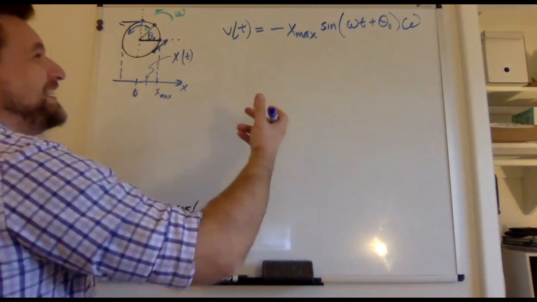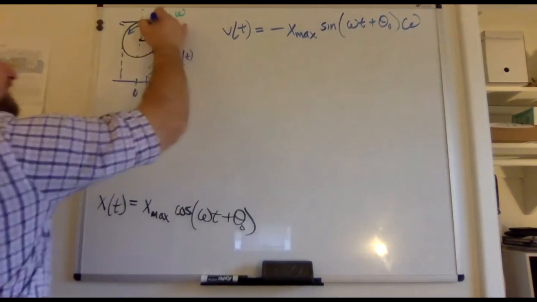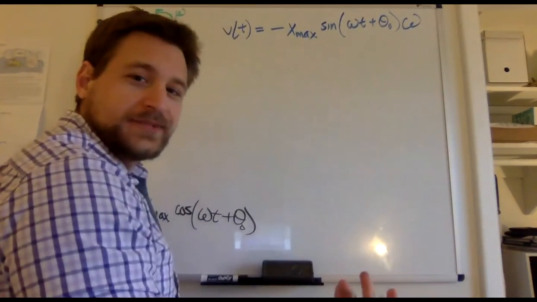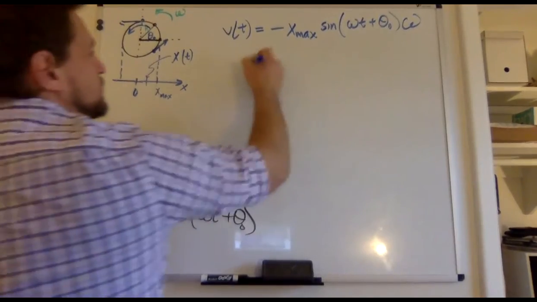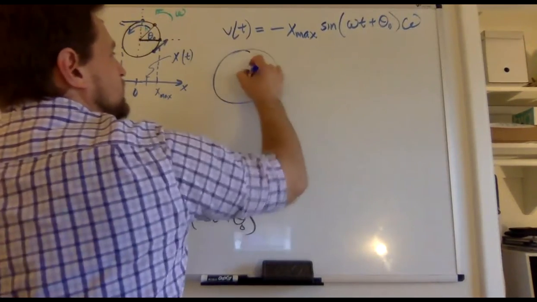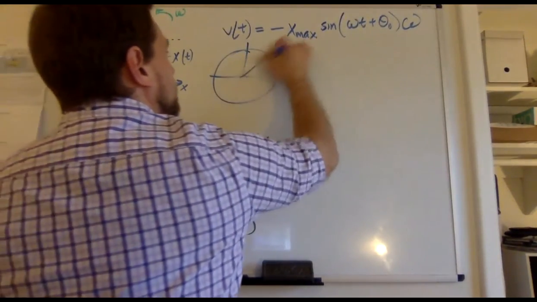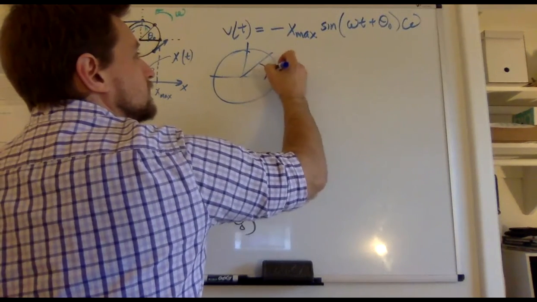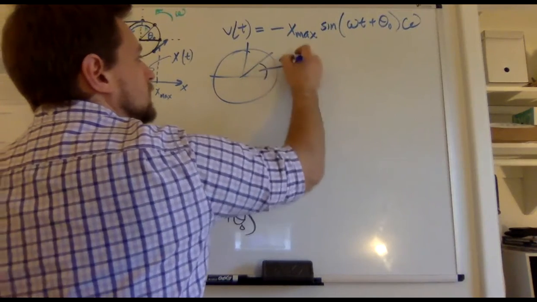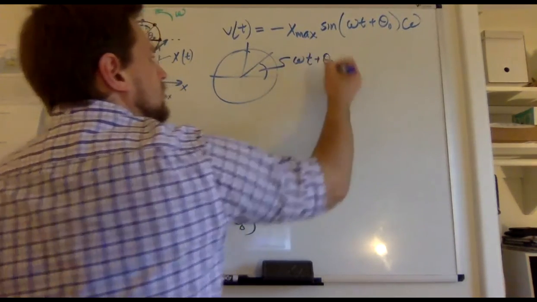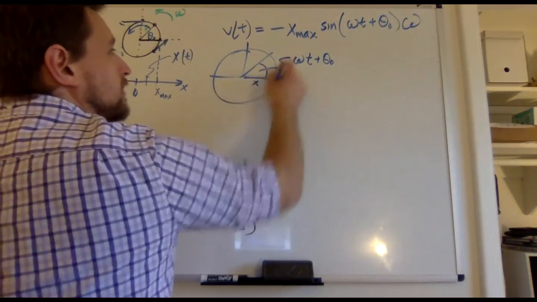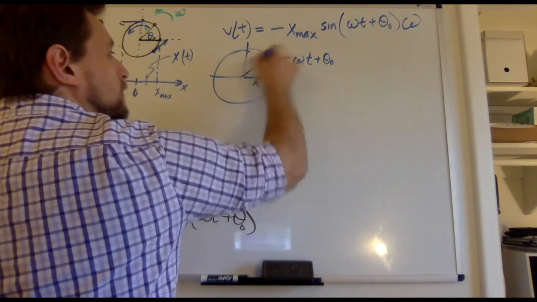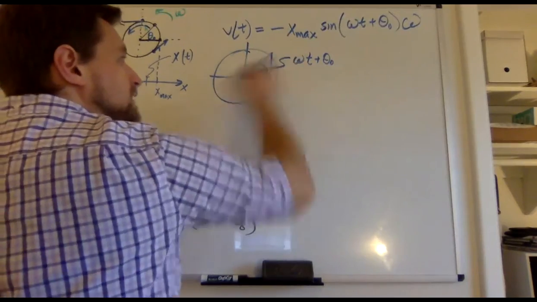But the sine of this angle, the sine of the angle that describes where we are around the circle, that's the y coordinate, right? Let me just draw this again really quick. We got our circle, here's our argument, omega t plus theta 0. The x coordinate is what we've been talking about, and the sine of that is going to be related to the hypotenuse and the vertical piece, the vertical component.